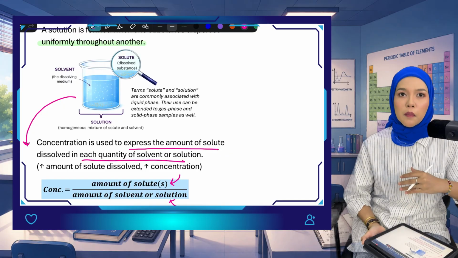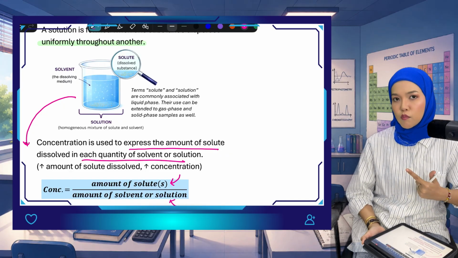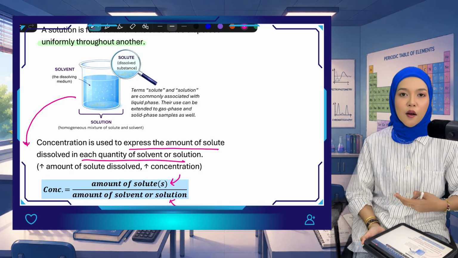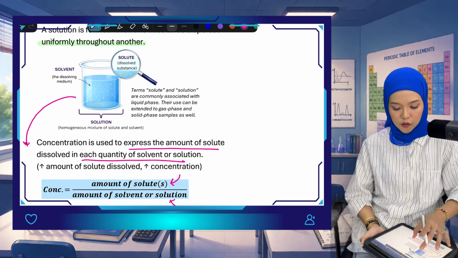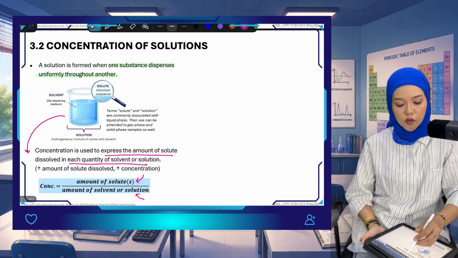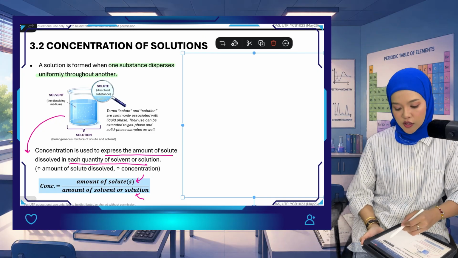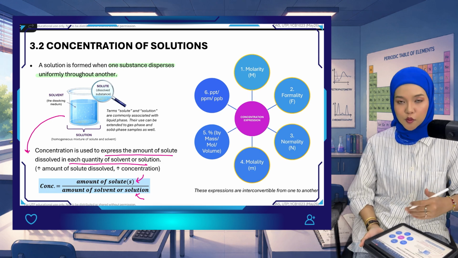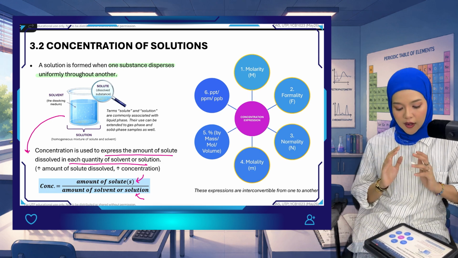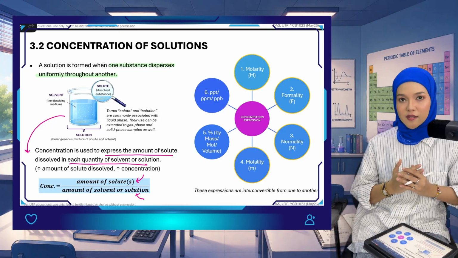And when we talk about amount, it can be mass, mole, or volume. Amount is quite general. We are going to look into 6 ways of expressing concentrations.